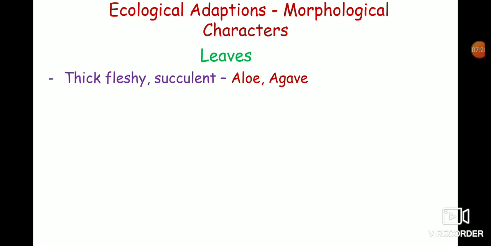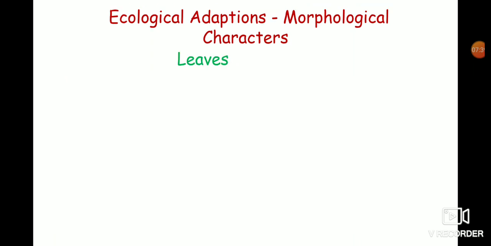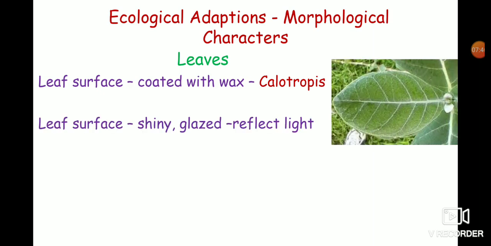And in aloe and agave, the leaf becomes thick, fleshy, and succulent as the leaf stores the water in these plants. The leaf surface is coated with wax in Calotropis, and the leaf surface of many of these xerophytes is shiny and glazed, and they also reflect the light to minimize the rate of transpiration.